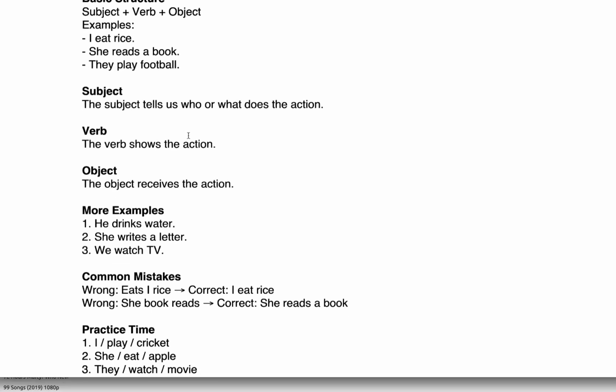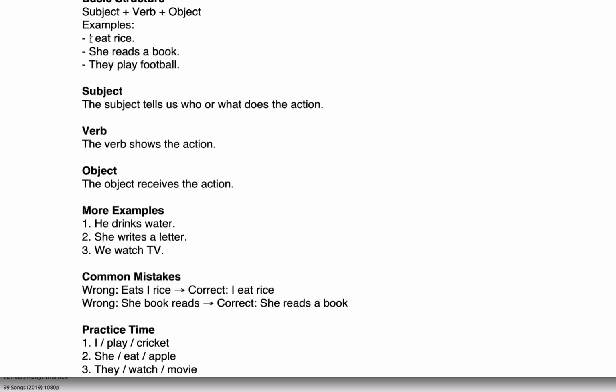And now, what is a subject? Let me explain. The subject tells us who or what does the action, any action. And here, what is the action? Eat is the action. So who did it? I myself ate.